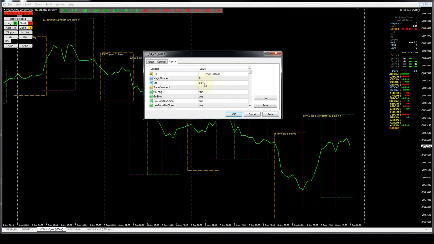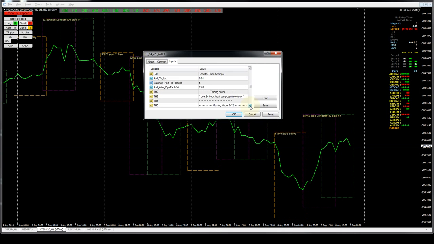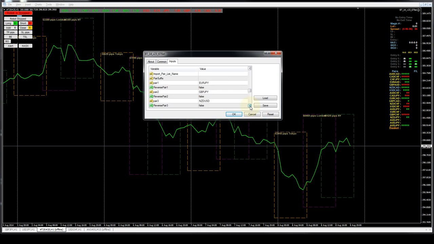See, here's where I had my lot setting. I should change that to 0.1, then I won't get that pop-up telling me that I got the wrong lot setting. And you notice it set them all back to false for me because I just hit the reset, so I reset it back to its defaults.